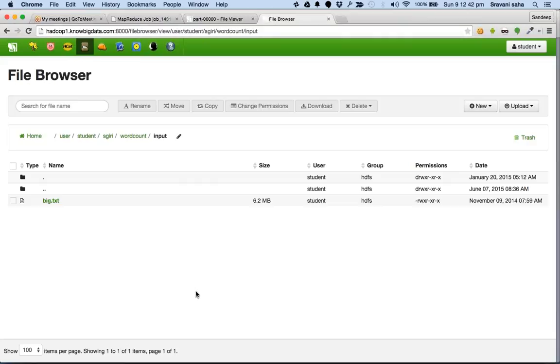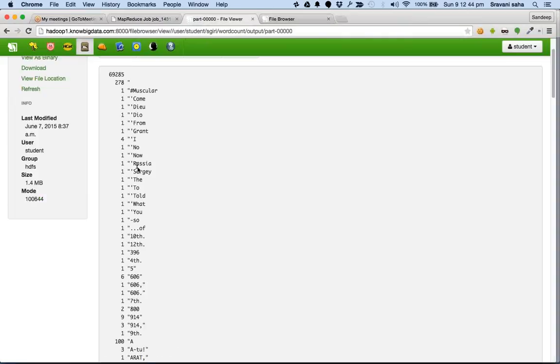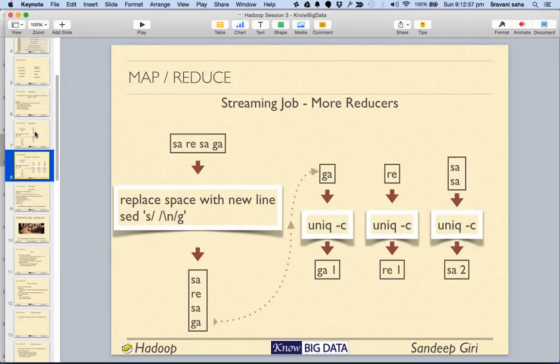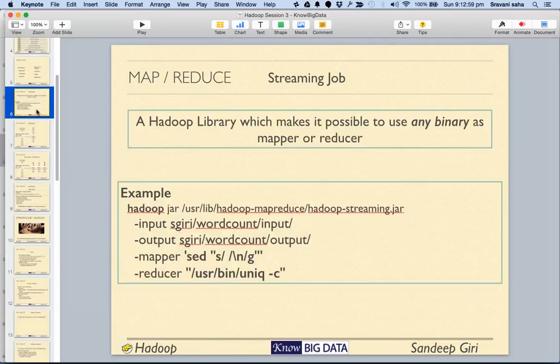Now, the next step. We saw that our output is not clean enough. Streaming is a little bit of a misnomer here. Streaming does not mean video streaming or stream processing. Streaming means we are running our data through a program, and the program here is sed and uniq.